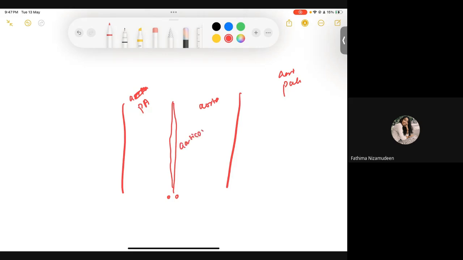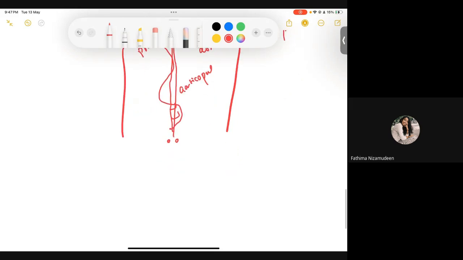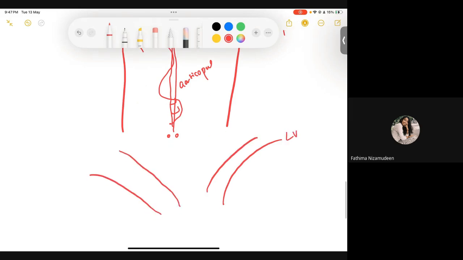Can I say that? Yes. After formation of this aorticopulmonary septum, there was a process of spiraling. Once it becomes spiral, then your aorta is going to arise from your left ventricle, and pulmonary artery is going to arise from your right ventricle, right?